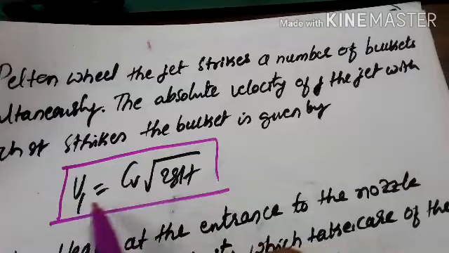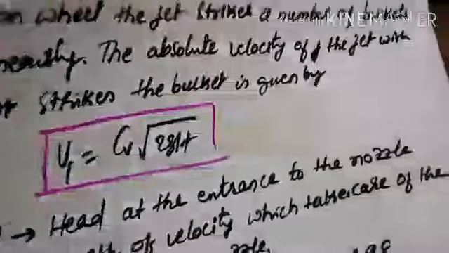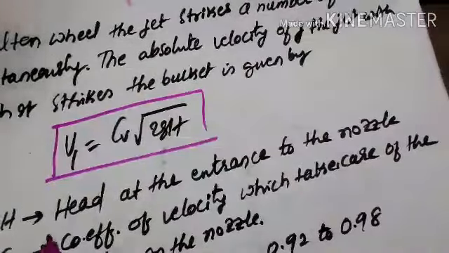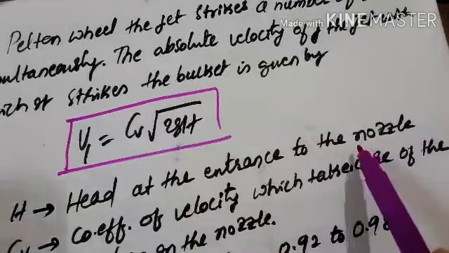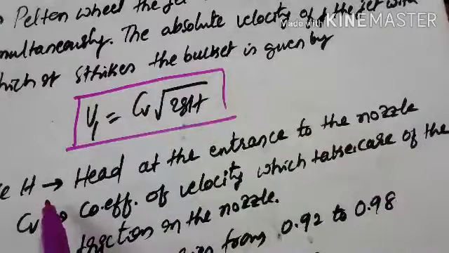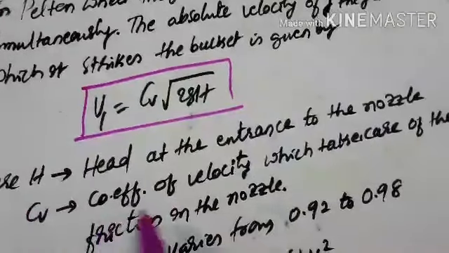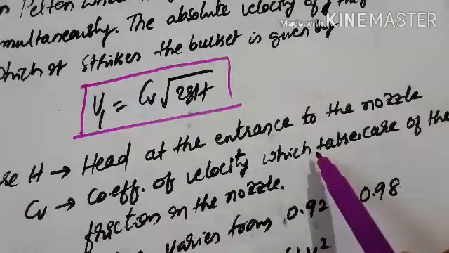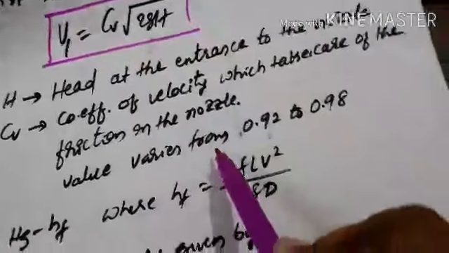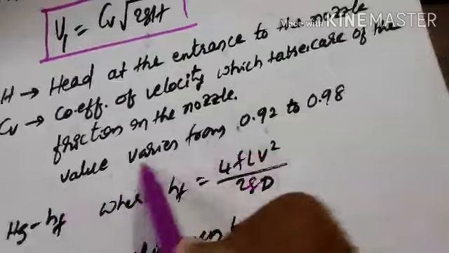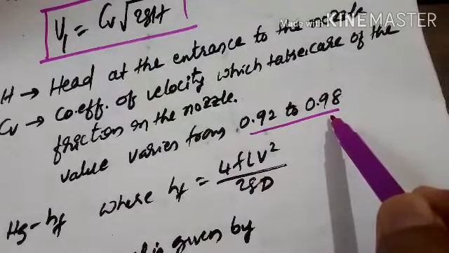That is, V1 can be given as Cv into root of 2gh, where h represents the head at the entrance to the nozzle, that is the net head. Cv is the coefficient of velocity which takes care of the friction in the nozzle.